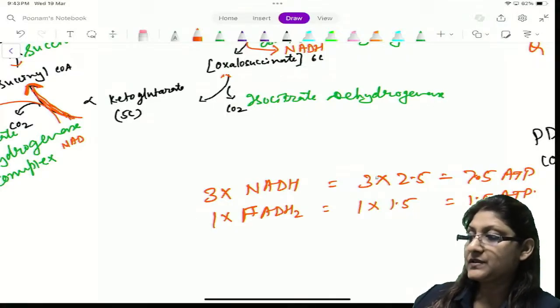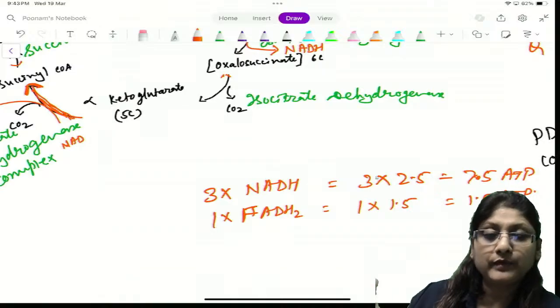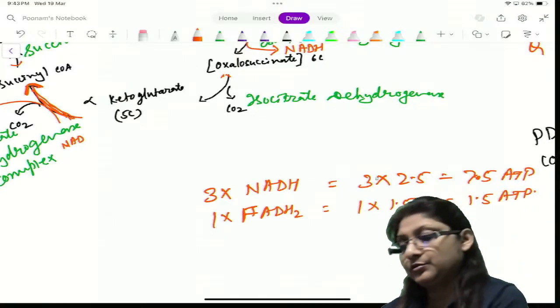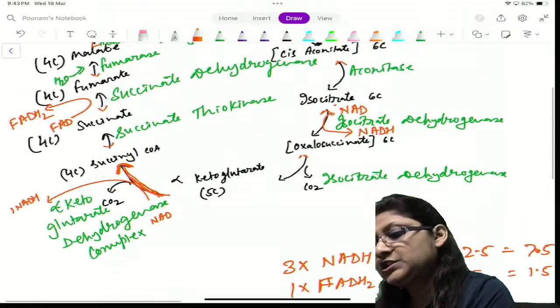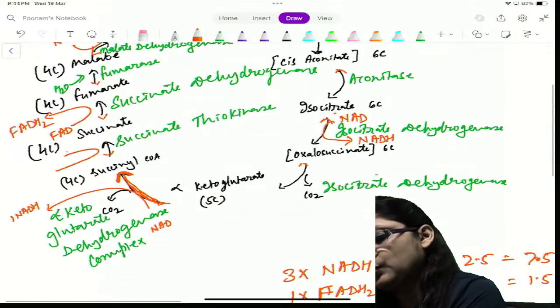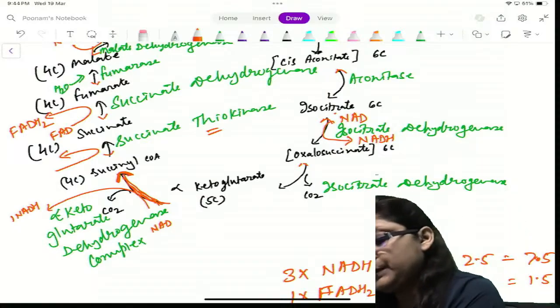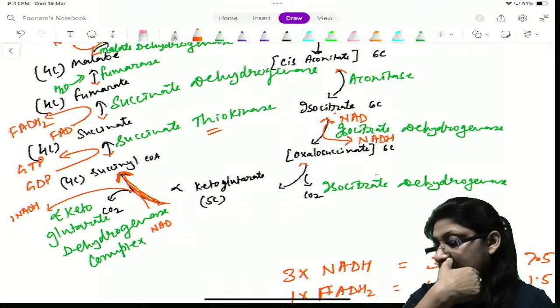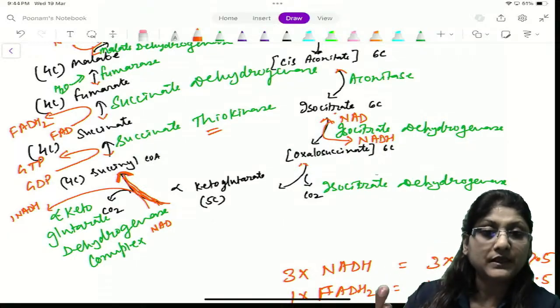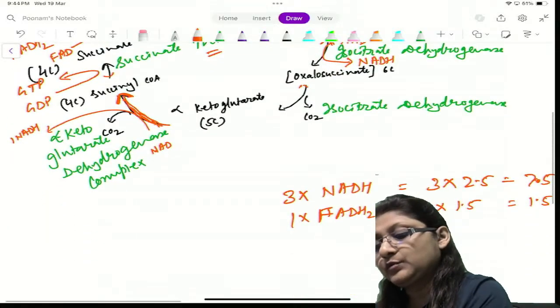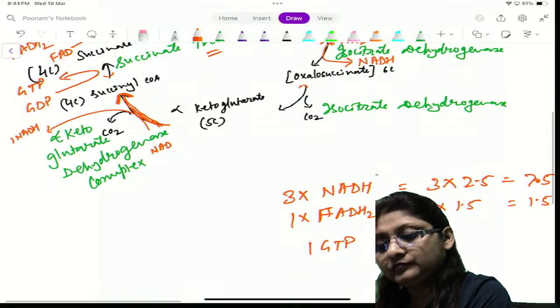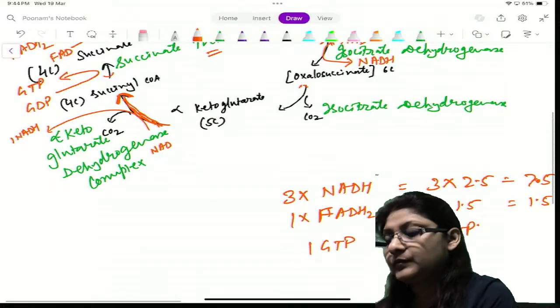Now there is one place where the ATP equivalent GTP is getting produced. You must know that particular step is the thiokinase step, where GDP is required, and that's converted to GTP. So this is 1 GTP which is produced in the TCA cycle, and this 1 GTP is equivalent of 1 ATP.